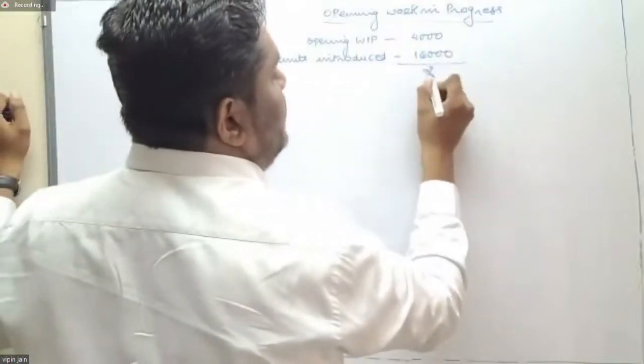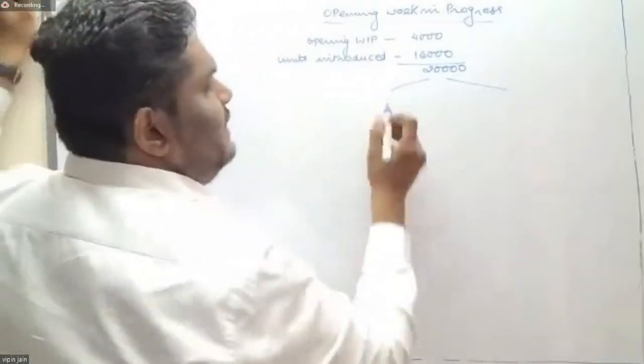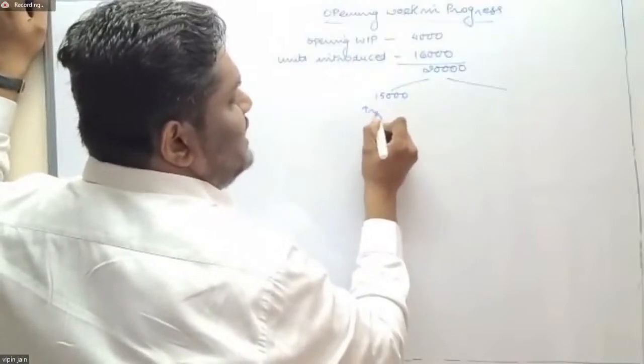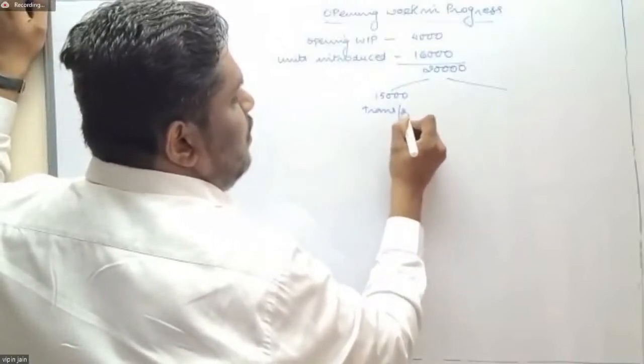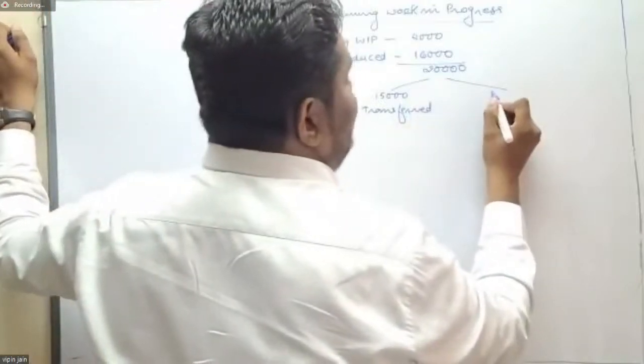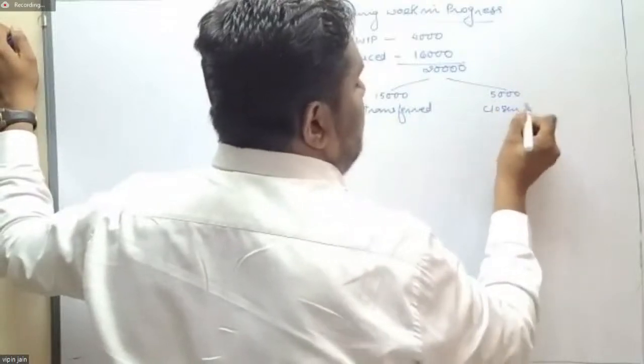So total it was 20,000 units. Out of this 20,000 units, let's say 15,000 units were transferred and 5,000 units are closing work in progress.